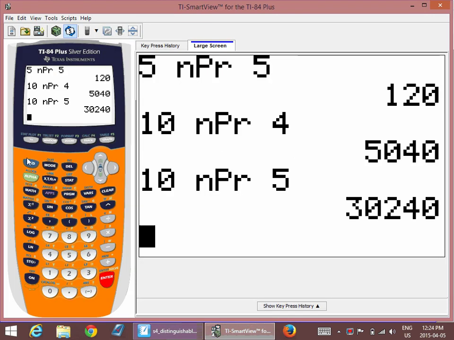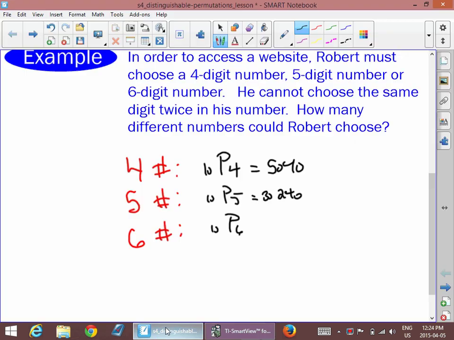How about 10 pick 6? Make that 6, and we get 151,200. Now, if we add those together, we get 186,480. That's the number of codes that Robert could choose.